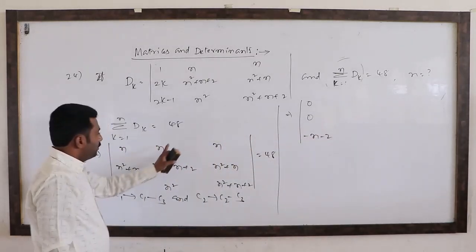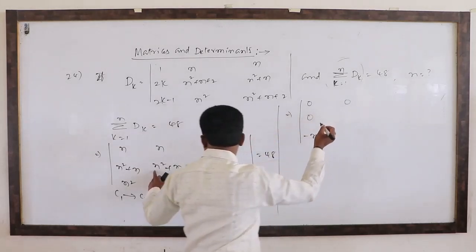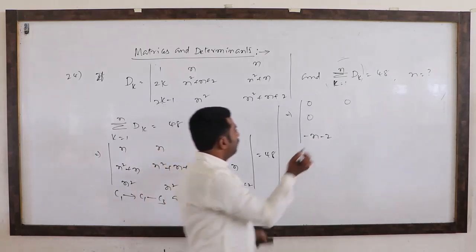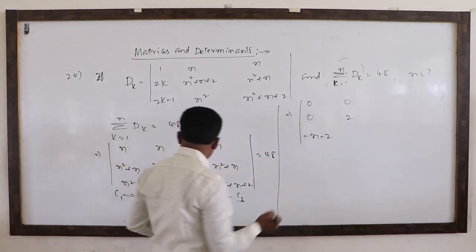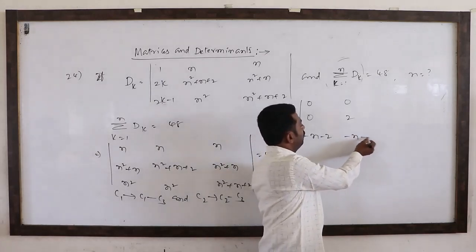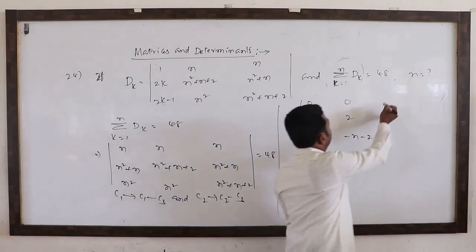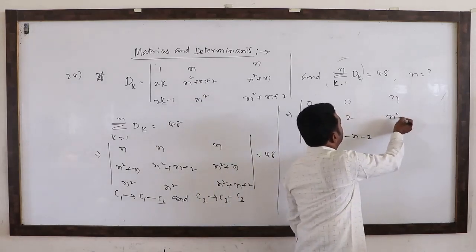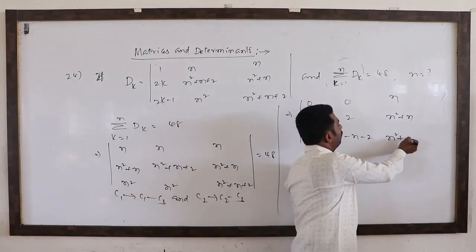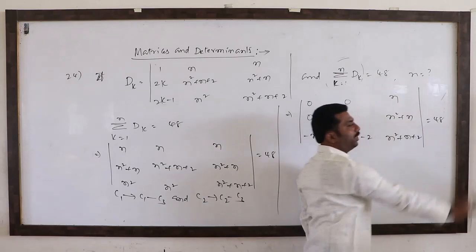Then C2 minus C3, this is 0. So n square plus n plus 2 minus these terms means 2. So this is again subtracting, minus n minus 2. No changes in the third column, that is n square plus n. So n square plus n plus 2 equals 48.